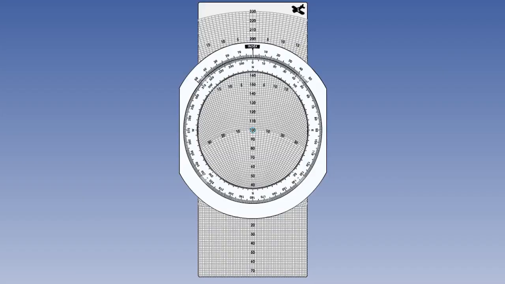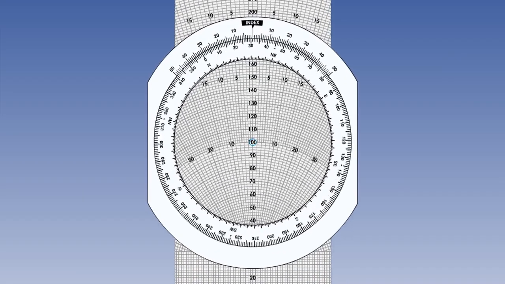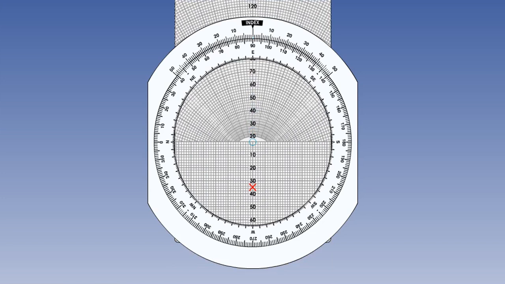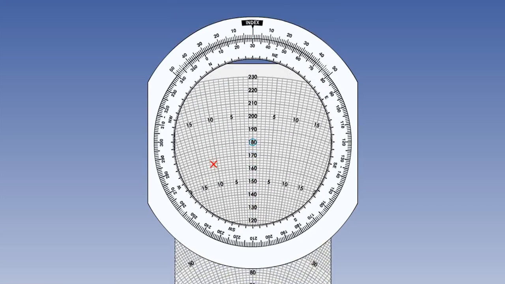We first need to find O. Plot the wind velocity of 090 at 35 knots on your navigation computer. Rotate the inner scale to put the outbound track of 030 against the 12 o'clock index, and move the speed scale to put 180 knots TAS under the centre circle.